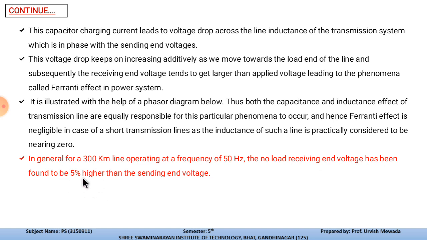So if we send 100 volts from the sending end, and the length of the transmission line is 300 kilometers at 50 hertz, then the receiving end voltage will be 105 volts. This is the Ferranti effect due to the capacitance and inductance available in the transmission system, and it occurs only when the system is at no load or light load.